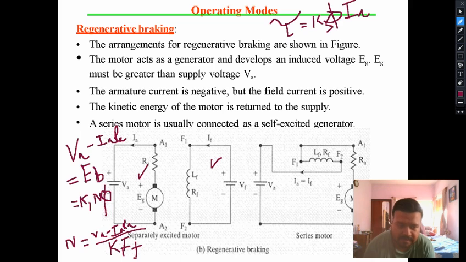So the field current in this particular case is constant, it is not variable, because the field circuit is separated. So K3, and this constant we have taken as K1, Ia.